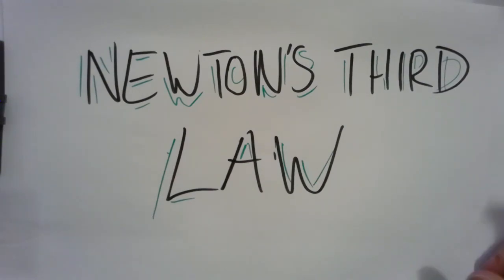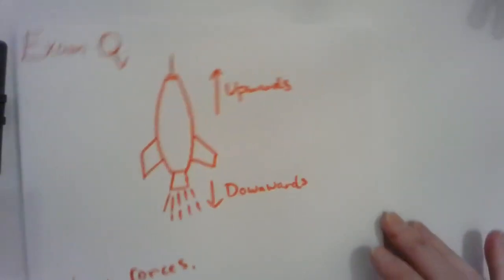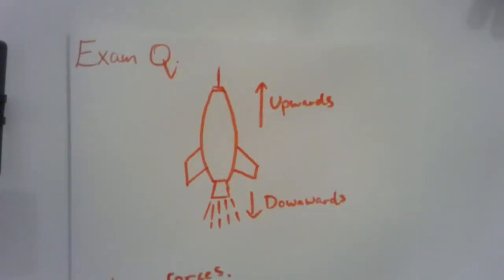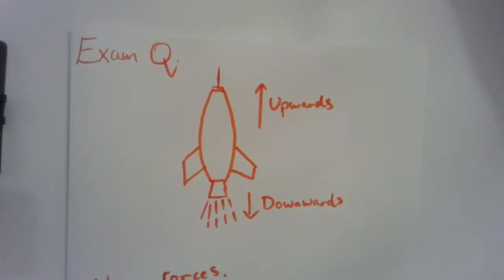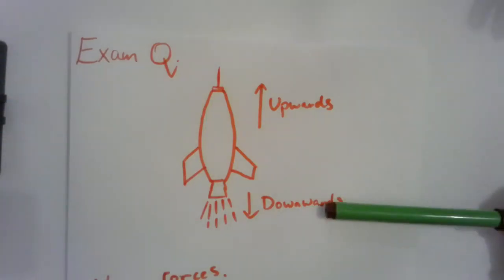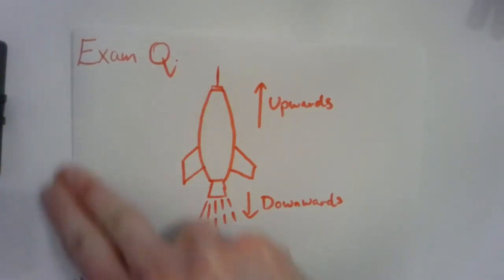So before we start looking at this, we are just going to have a go at this exam question from the assessment, because a few of you seem to struggle with it. You were given a rocket that had an upwards and a downwards force, and you needed to talk about these forces and then do a couple of calculations.